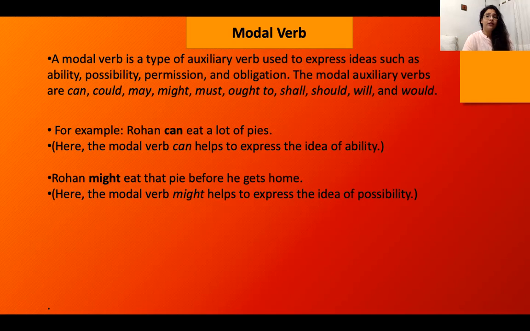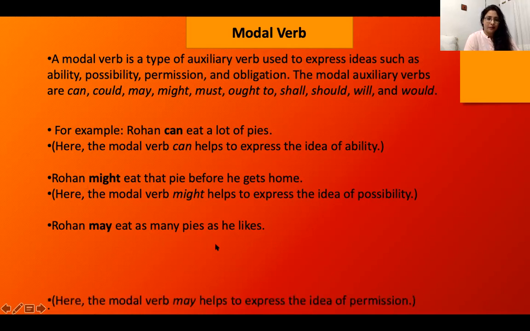On the way coming from school, he might eat the pie. So it's just an idea of possibility. So the modal verb is might here, which is expressing an idea of possibility.